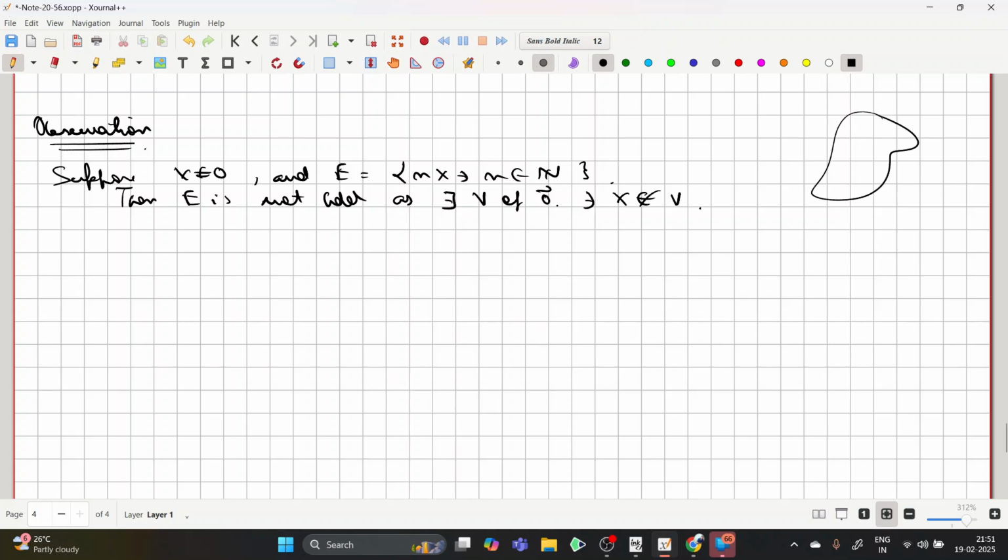For example, if this is my topological vector space, this is my origin, and suppose this is my x, so I can always get hold of a neighborhood which does not contain x. You can think of it in some sense as the Hausdorff property, not as strong as the Hausdorff property, but closely related to that.